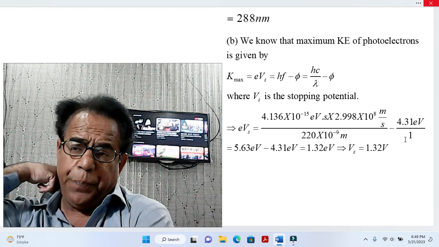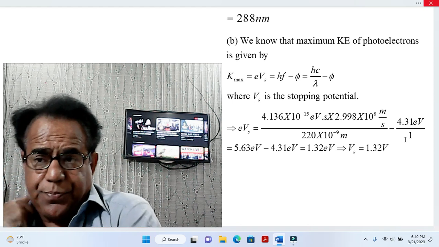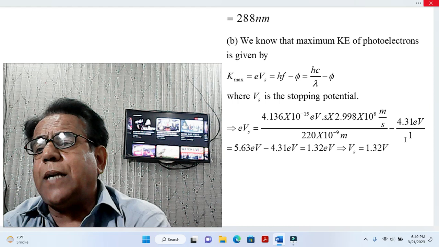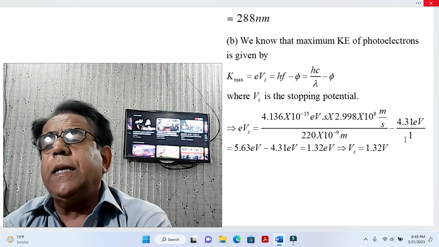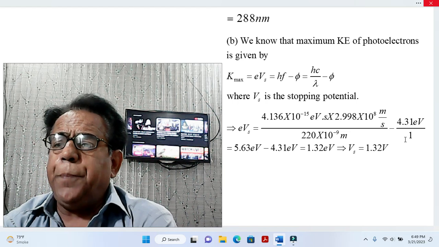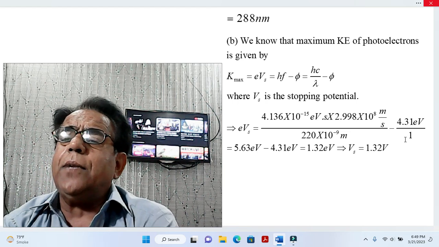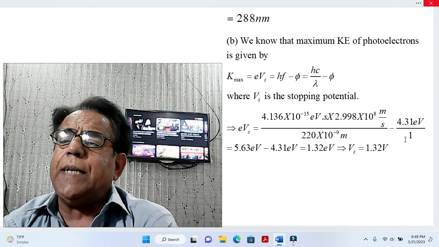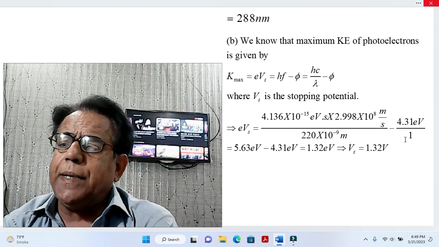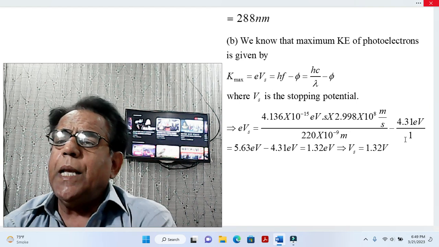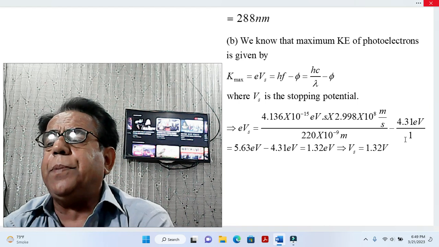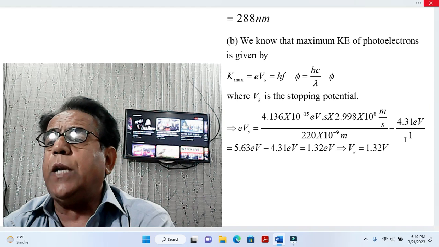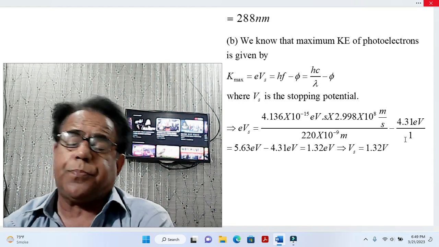Okay, so we will get 5.63 electron volt minus 4.31 electron volt. Both are electron volt. So in other words, simply we can say that we can take electron volt as common, and then within bracket 5.63 minus 4.31, and this will become equal to 1.32 electron volt, eV.